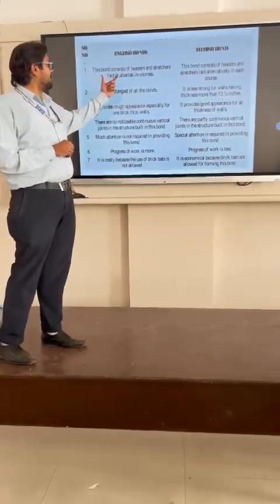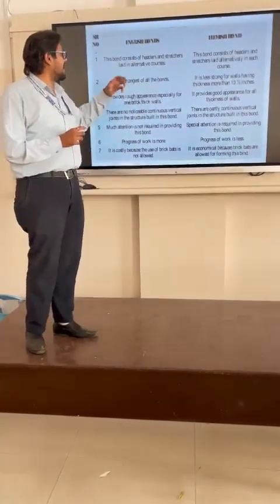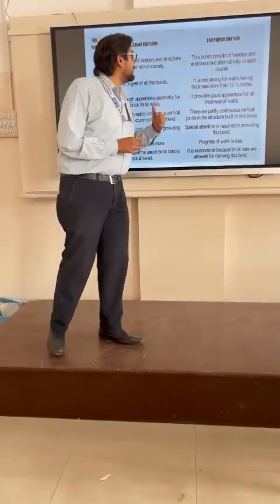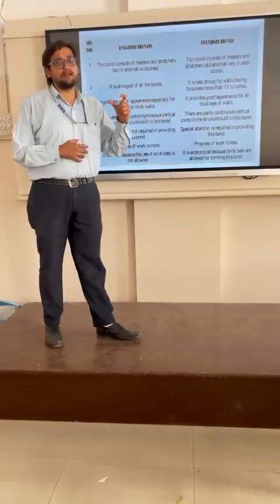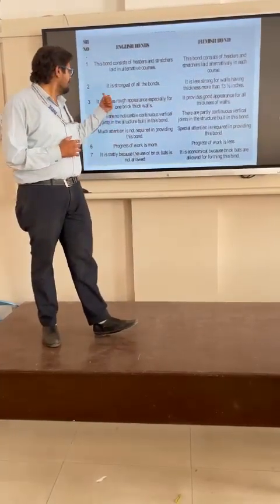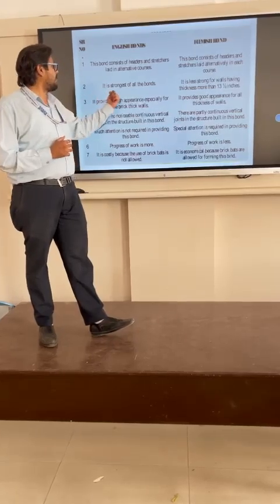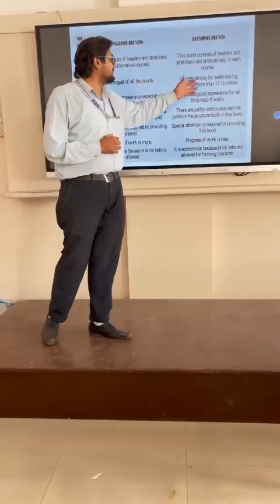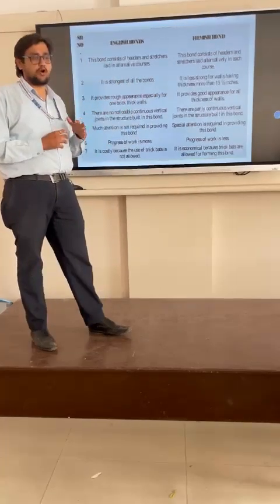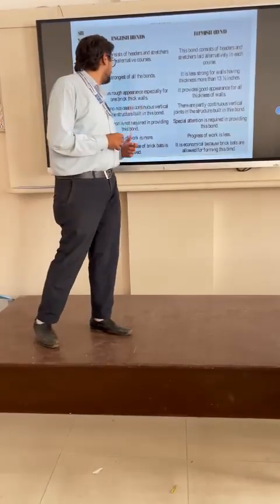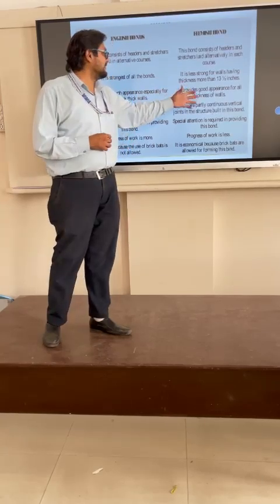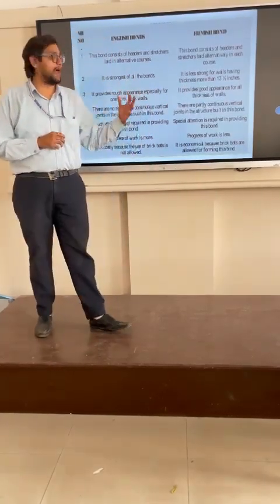English bond consists of header and stretcher in alternate courses, and in Flemish bond the header and stretcher are alternately placed in each layer or course. English bond is the strongest of all bonds, and Flemish bond is comparatively less strong. English bond provides a rough appearance, while Flemish bond provides a little better appearance.